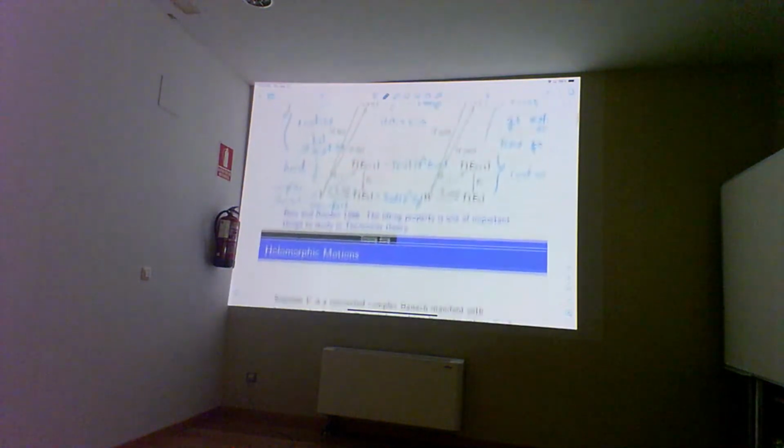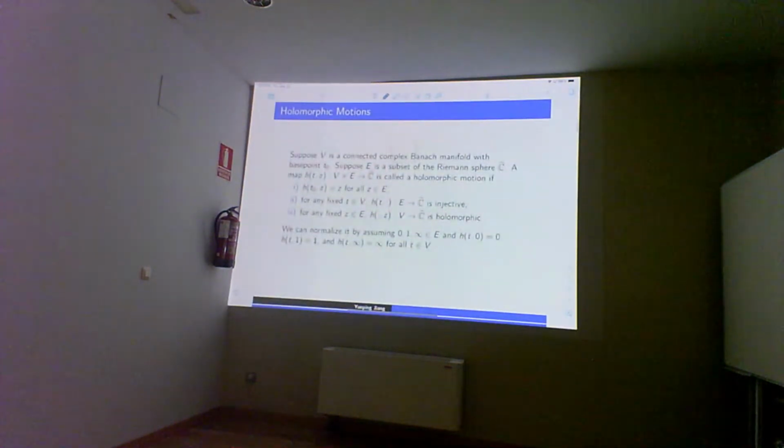First, let's see what a holomorphic motion is. Suppose V is a connected complex Banach manifold with a base point T0, and E is a subset of the Riemann sphere C hat.